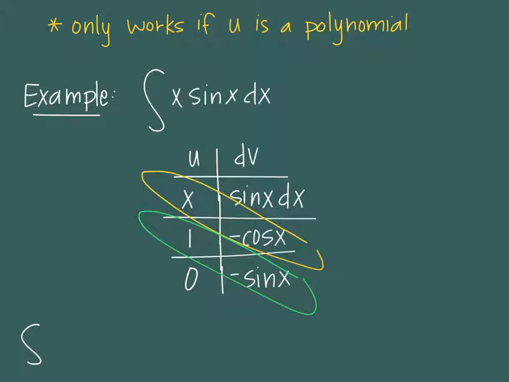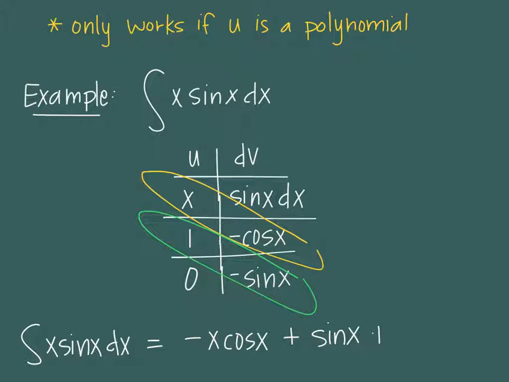And the answer to the problem becomes the yellow pair, which is negative x cos x, minus, because integration by parts is based on uv minus the next term, minus the green pair, which becomes plus sine x, and then plus c, and you're done.